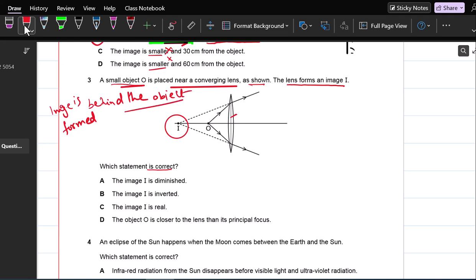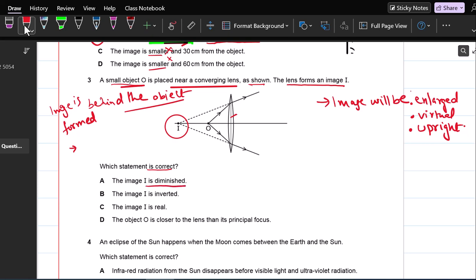So dear students, remember, the image will be enlarged, magnified. The image will be virtual and upright. So we have to see these options. Option A is saying image I is diminished.